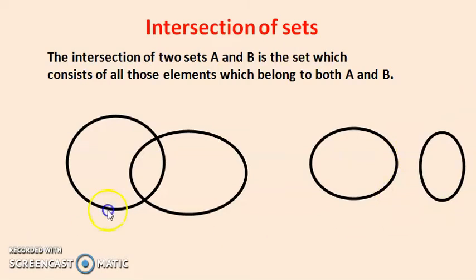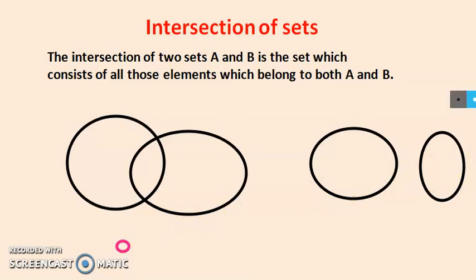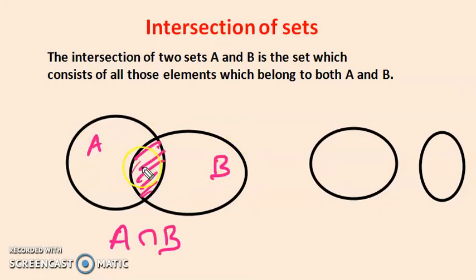To show what A intersection B is: this is your A circle and this is your set B. When we shade the common region, the shaded region is termed A intersection B. Suppose this is A and this is B, and to shade A intersection B, if they do not have anything in common, then we say A intersection B is an empty set.